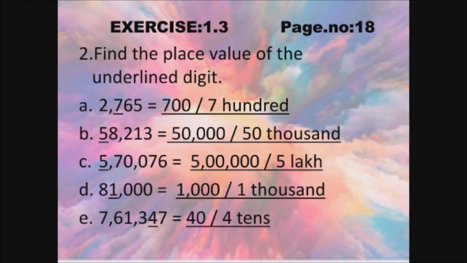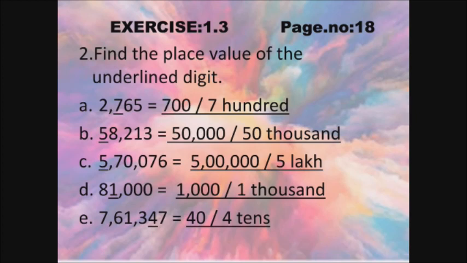Next, B sum, 58,213. Here number 5 is underlined. So let's start with the place value. Ones, tens, hundreds, thousand, 10,000. So it can be written as 50,000 or in words 50,000.